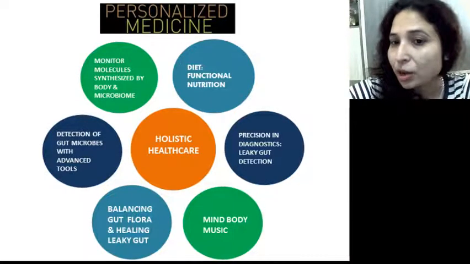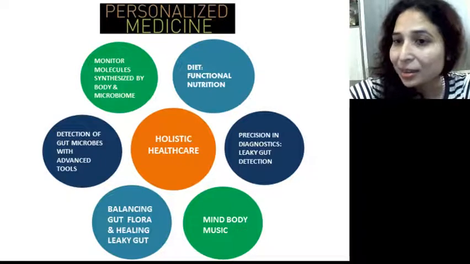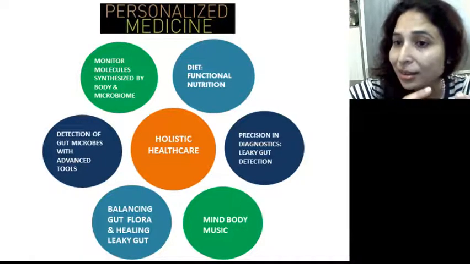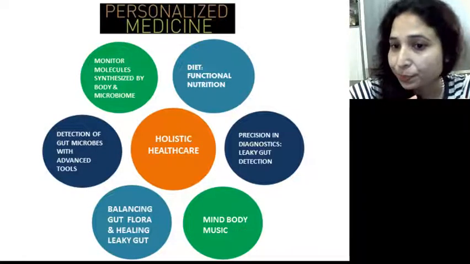If I talk about the holistic healthcare system, then I have to take into account some important terms. Holistic means whole healthcare that involves all the systems of the body, that is the gut, the mind, and other parts of the body.